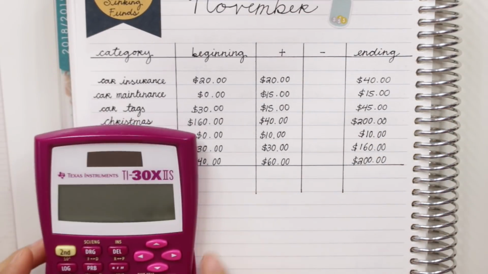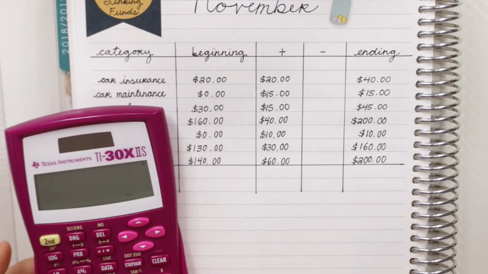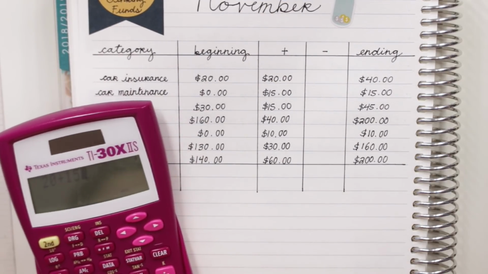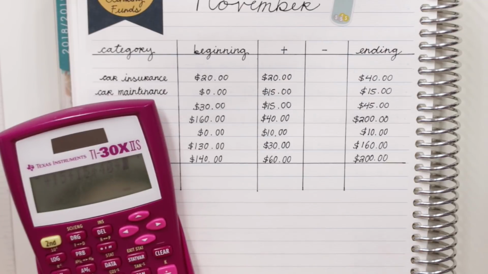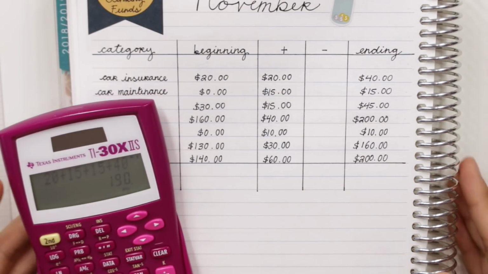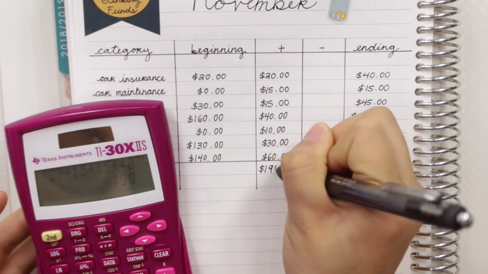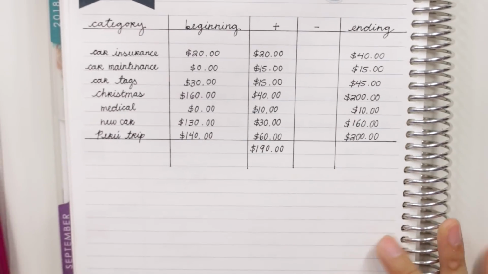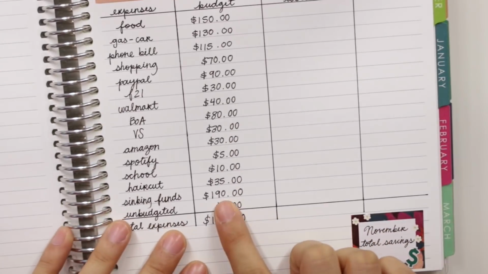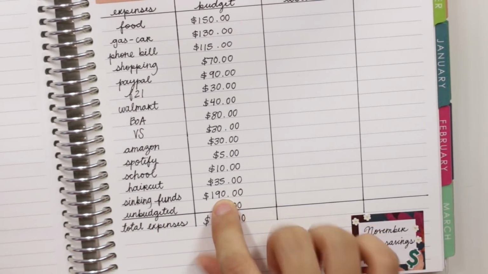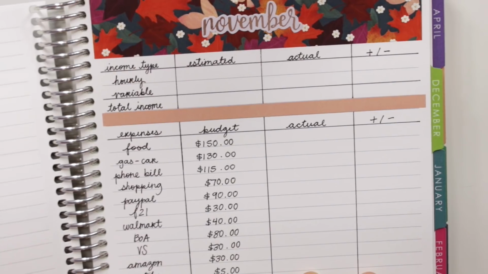So we have 20 plus 15 plus 15 plus 40 plus 10 plus 30 plus 60. That totals to $190. And that is what I actually put for my budget, as you guys can see. So I already do have this here in my monthly budget.